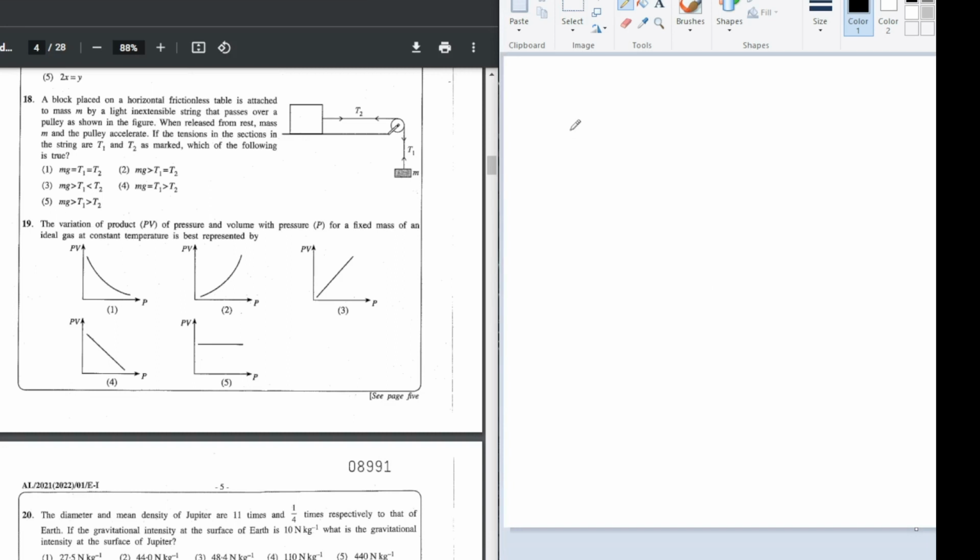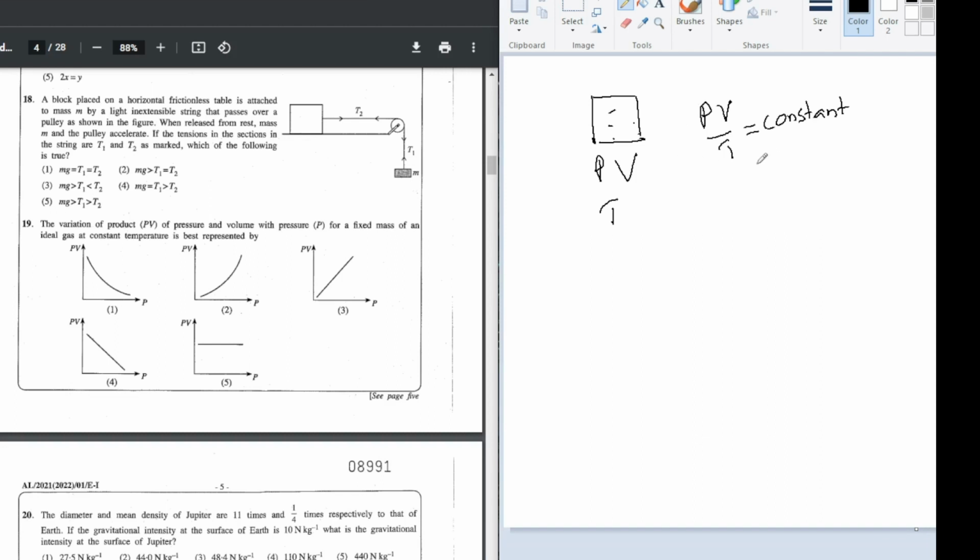Think of a fixed mass of gas, pressure P, volume V and temperature T. For an ideal gas, we know that PV over T is constant for a fixed mass of gas.